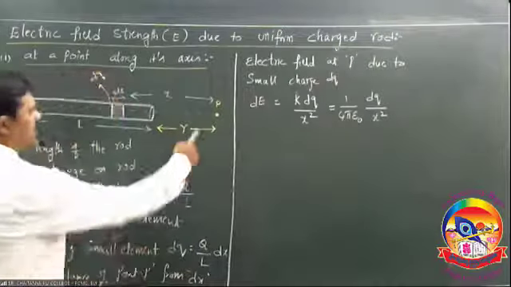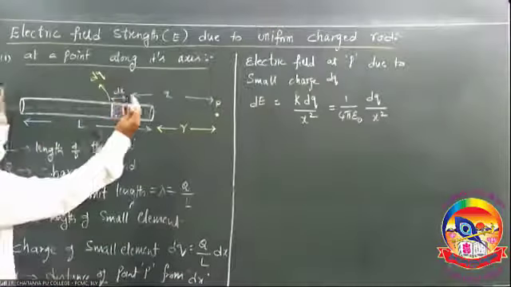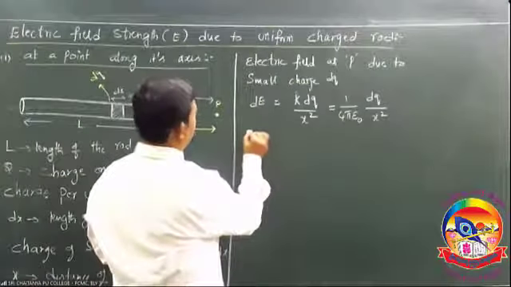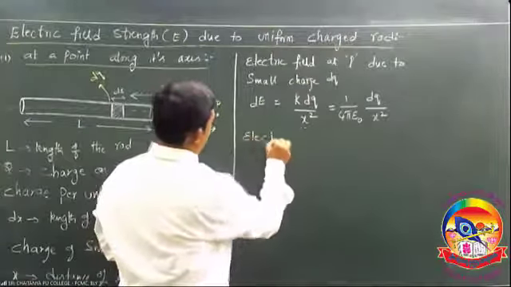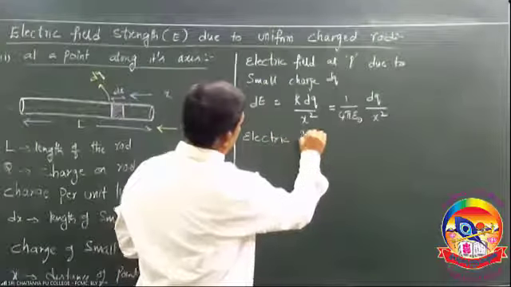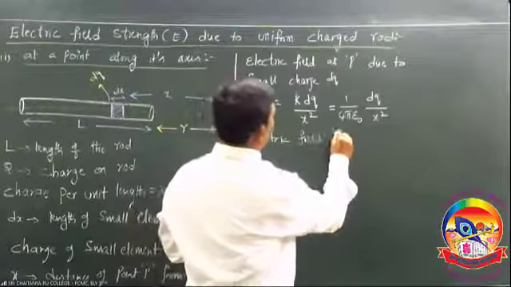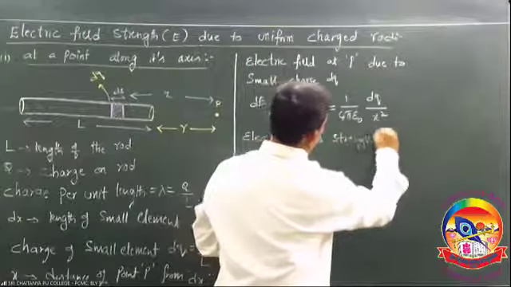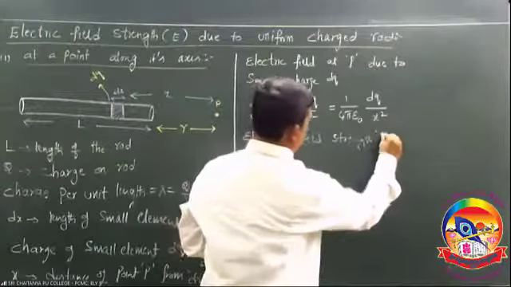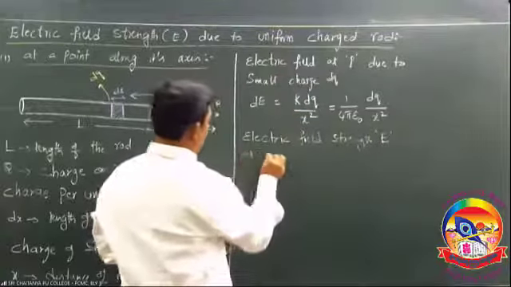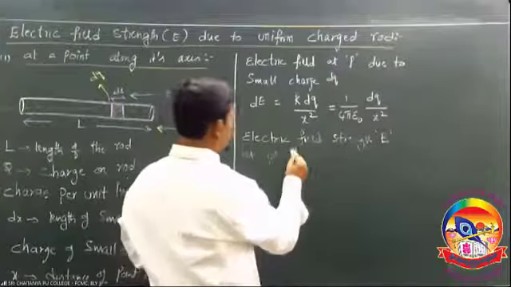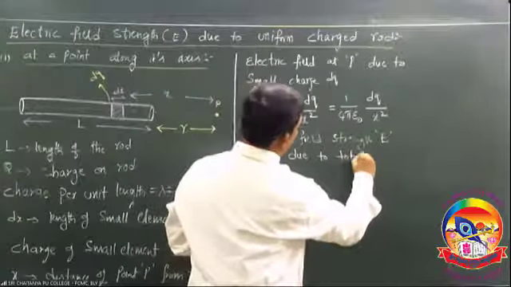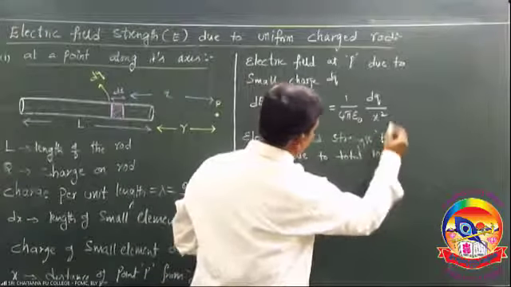Then what is the intensity at this point due to total rod? Then electric field strength E at P due to total rod.